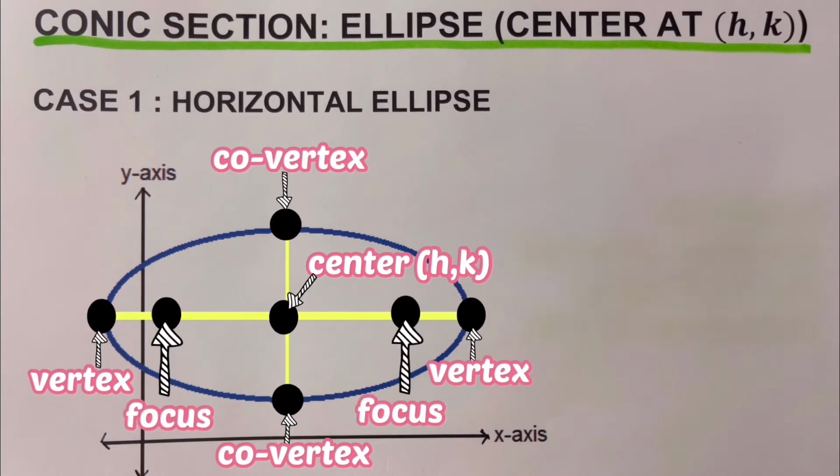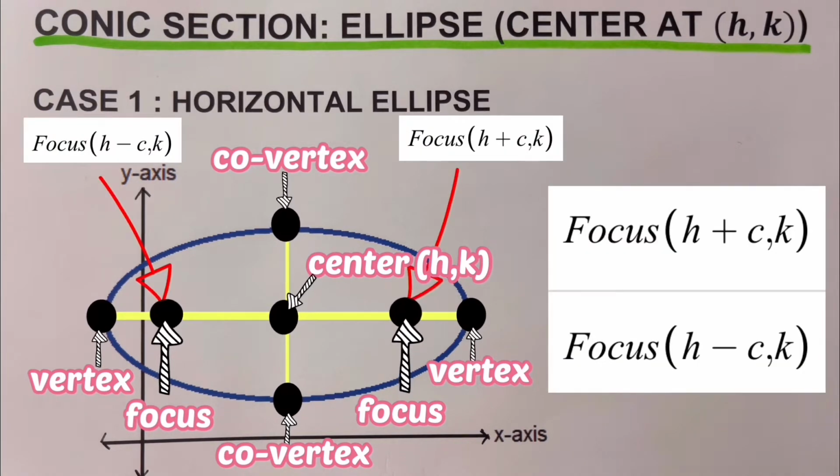Another part is the focus. We remember that the coordinate of the focus for this case, which is the horizontal ellipse, is represented as (h ± c, k). So this is the coordinate of the focus, again, for the horizontal ellipse.